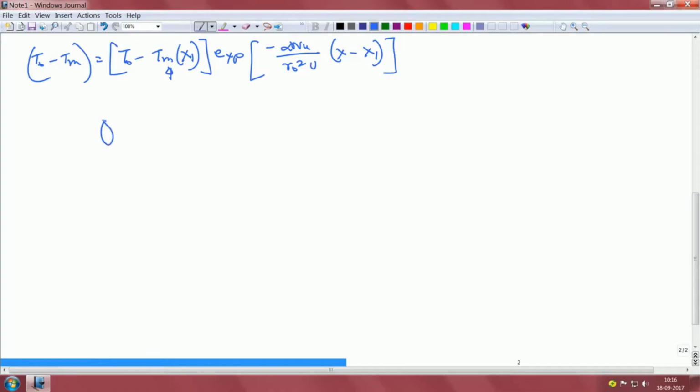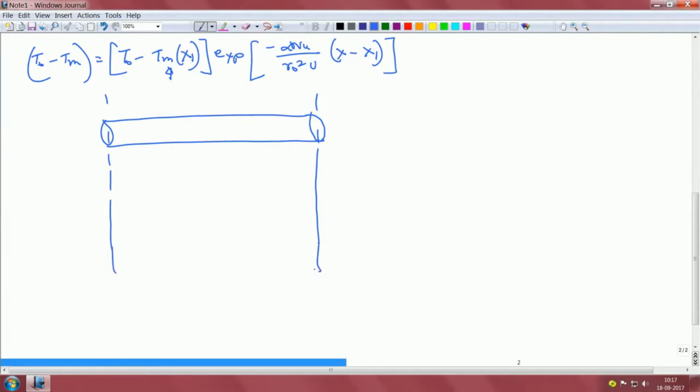If I once again show it on a scale here, say this is the pipe, these are the two axes, this is the center line, this is T naught. T naught is obviously a constant, it has to be a constant.